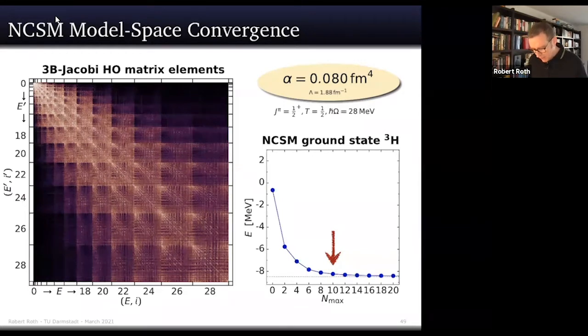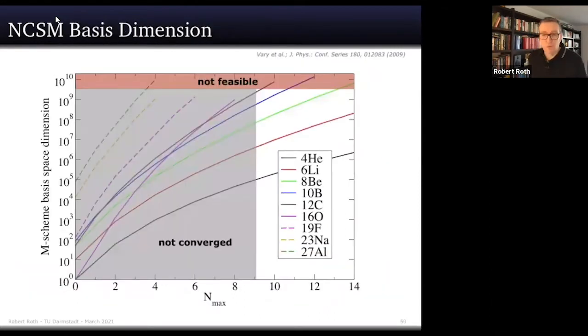And if we keep in mind that we want to reach something like Nmax 10 to get a converged answer within soft SRG evolved interaction, we can just look at what this means for different nuclei. This is shown in this plot here, where I have the Nmax, my basis truncation parameter, and I plot the basis dimension as a function of this Nmax.